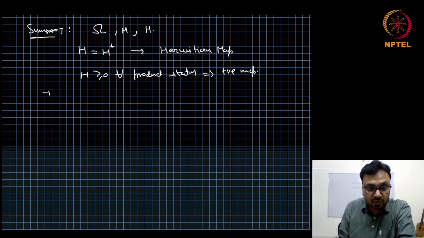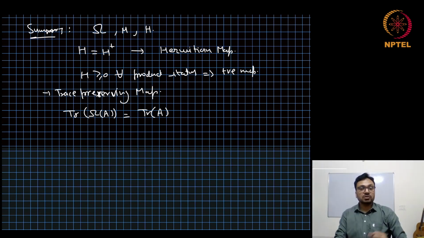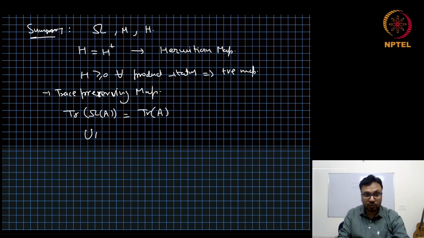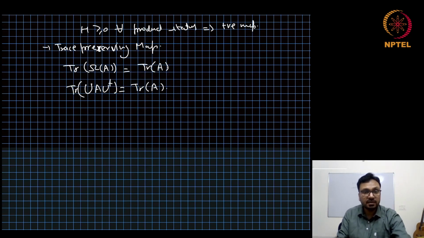There is another condition, it's called trace preserving map. That just means trace of omega of A equals trace of A. So the operation does not change the trace. For example, a unitary matrix acting on a matrix A, like U A U dagger, has the same trace as A. So this is a trace preserving map.